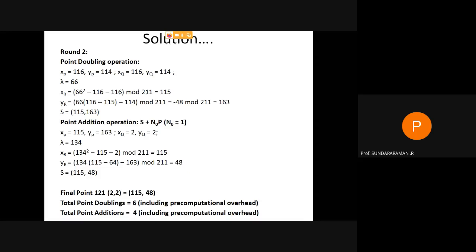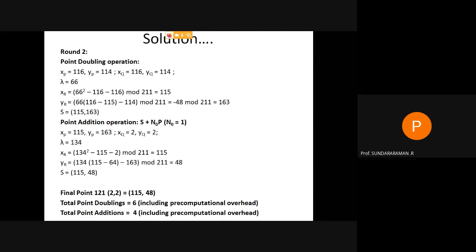Now, the total number of point doublings, as we already analyzed, is equal to 6, including pre-computational overhead, and total number of point additions equal to 4, including the pre-computational overhead. So I observe there is no change with respect to number of point doublings and point additions as in the case of left to right scalar multiplication.